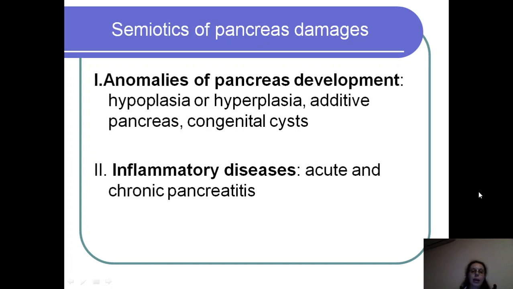into everyday practice. Semiotics of pancreas damages. Before telling about that, I would like to admit that actually among all other organs of the digestive system, pancreas is affected quite rarely, relatively quite rarely.